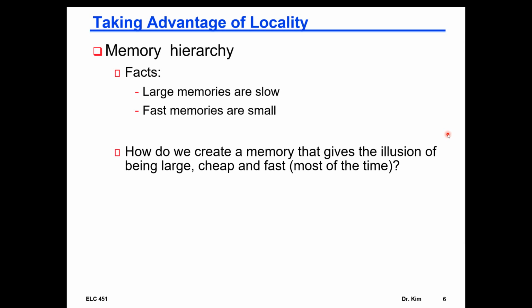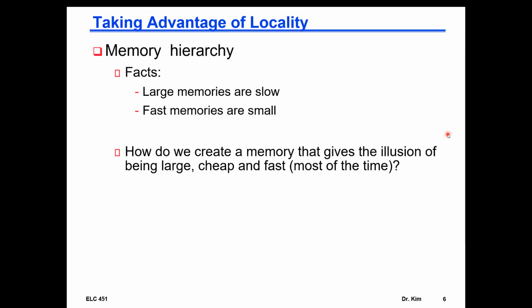Then how do we look at this trade-off of technologies? On the one hand, I have large memories, which I want, but they're slow. On the other end, I have fast memories, but they need to be small. And that's basically the fighting of the requirements.